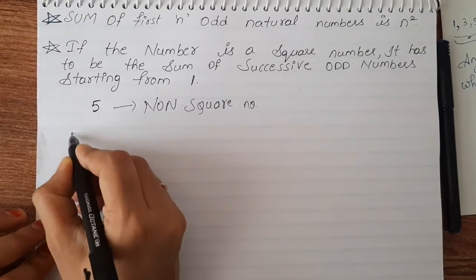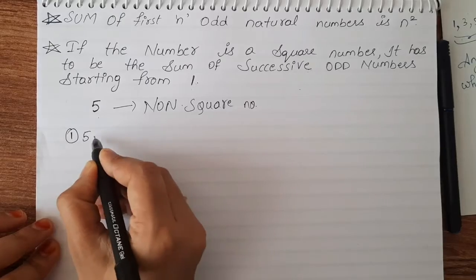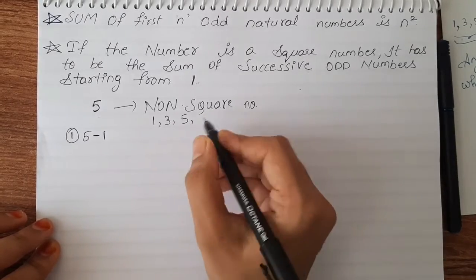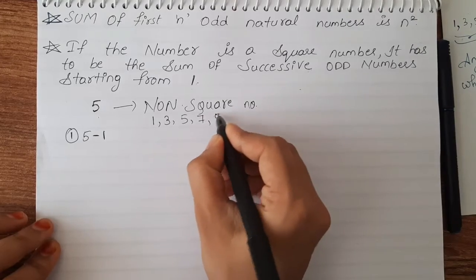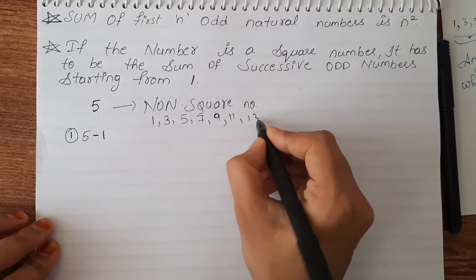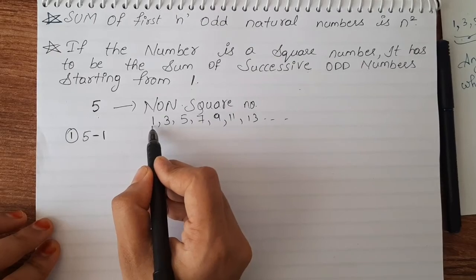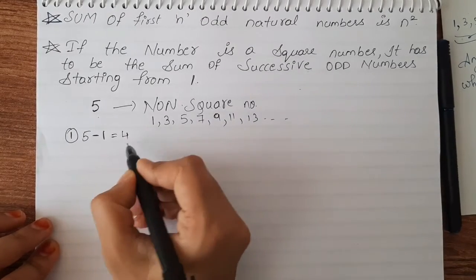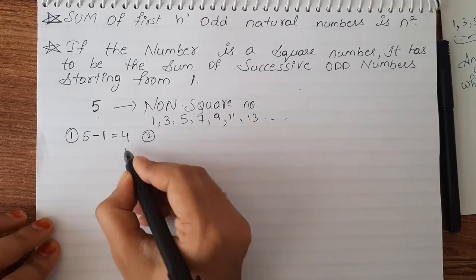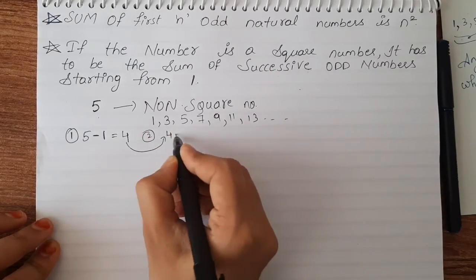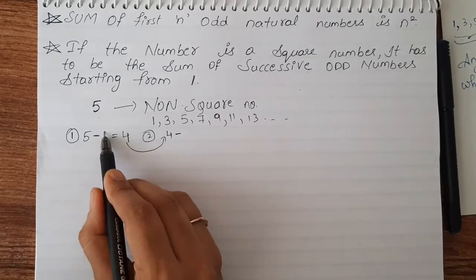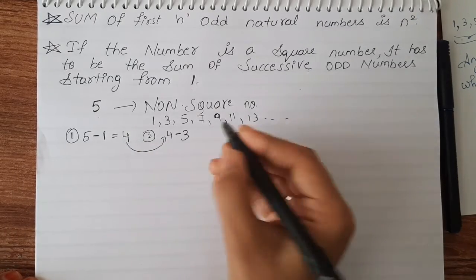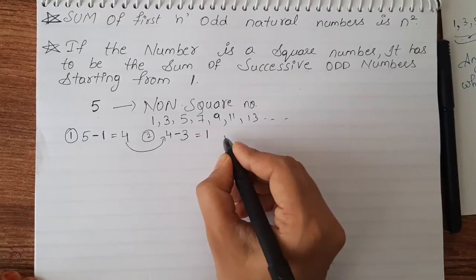First step: subtract 1 from 5. I'll write the successive odd numbers here: 1, 3, 5, 7, 9, 11, 13 and so on. I take the first odd number, 1, and subtract it from 5. The answer is 4. Now we subtract the second odd number, 3, which gives 1.